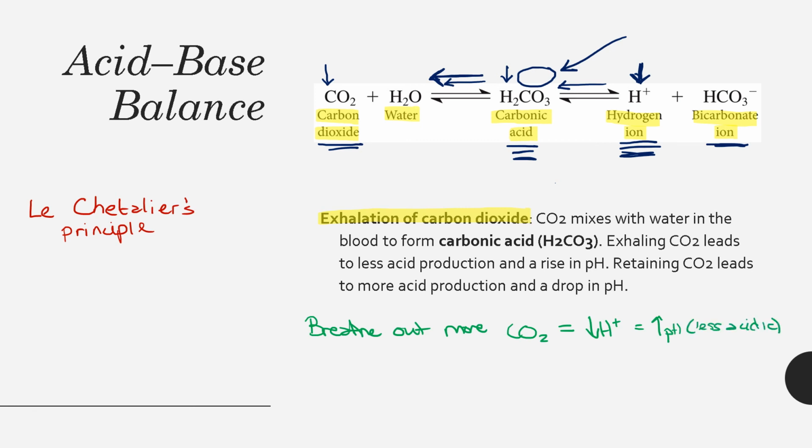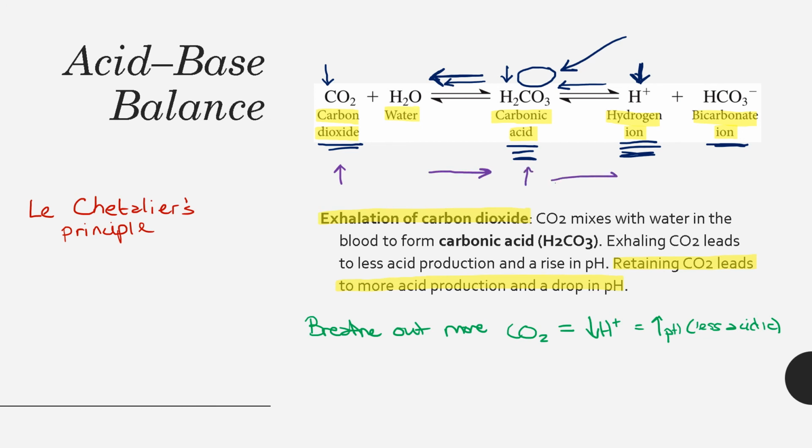Now, on the other hand, when we retain CO2, this is going to have an opposite effect, and we're going to go the other way. So then an increase in CO2 is going to result in a shift of this equation to the right, resulting in an increase in carbonic acid.